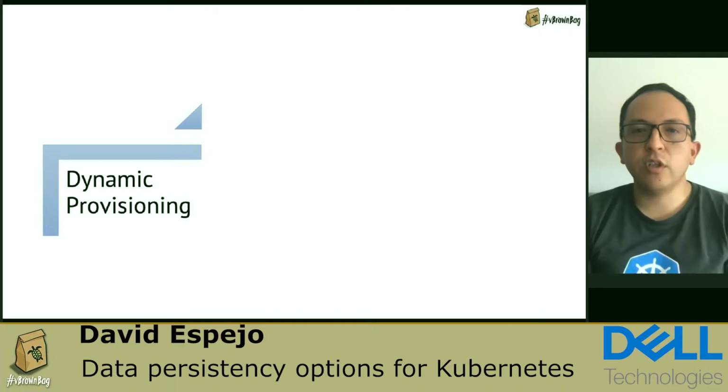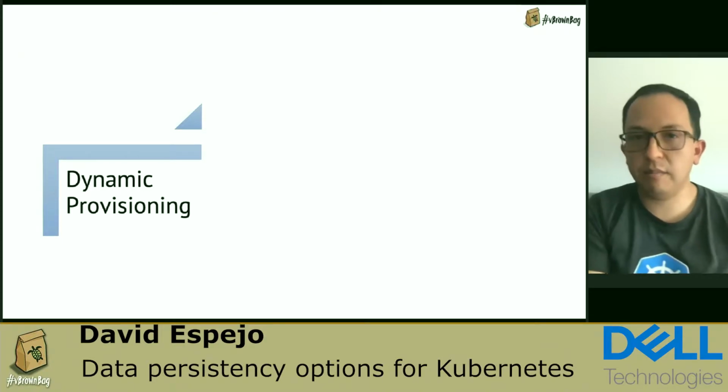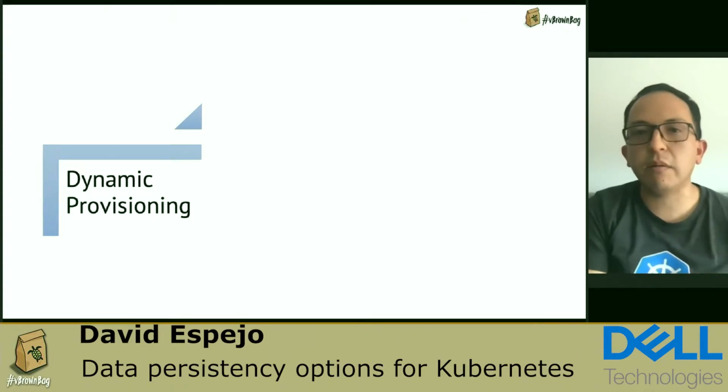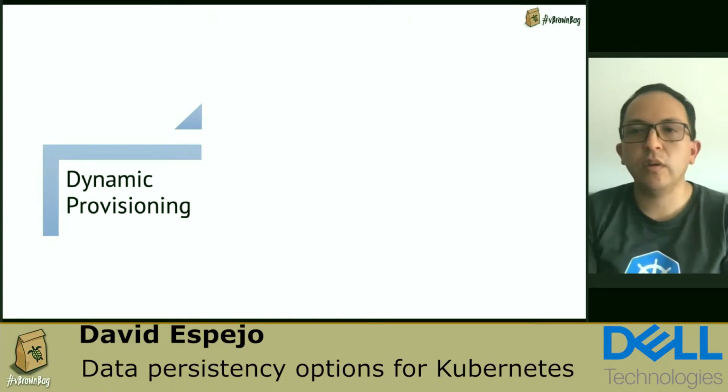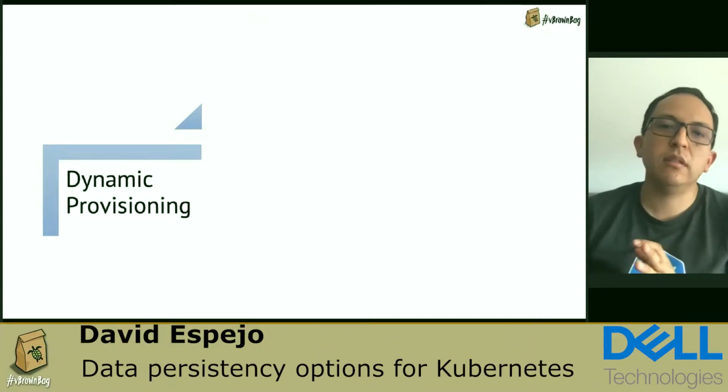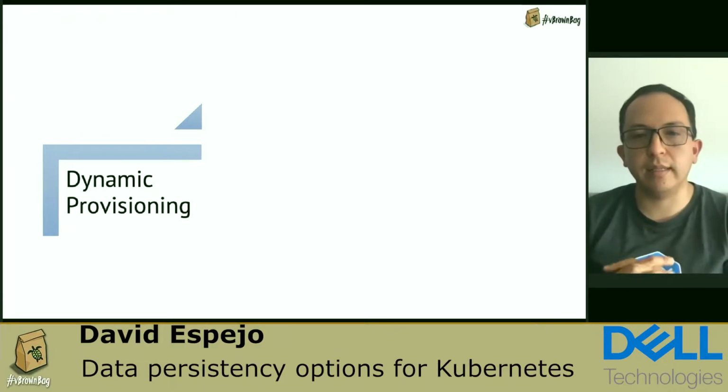So the first notion of this was static provisioning, which is not even here in the presentation. That is step 0, static provisioning. Kubernetes could only handle mount and unmount operations, but someone else would have to provision the storage for Kubernetes.